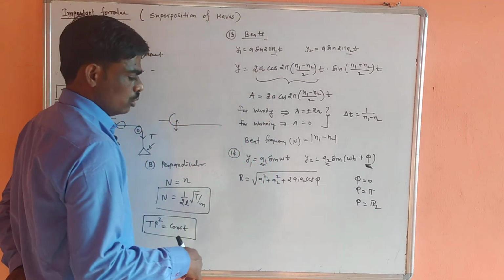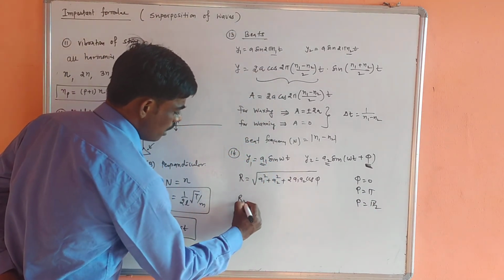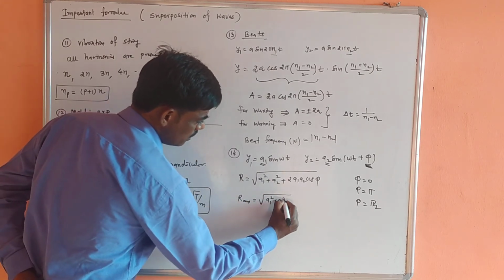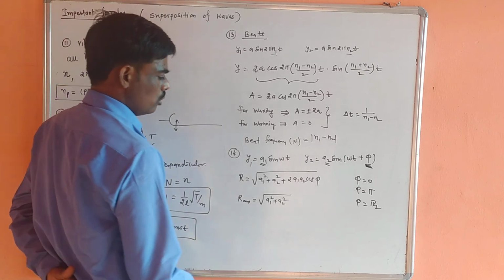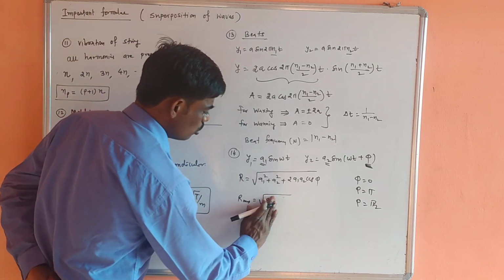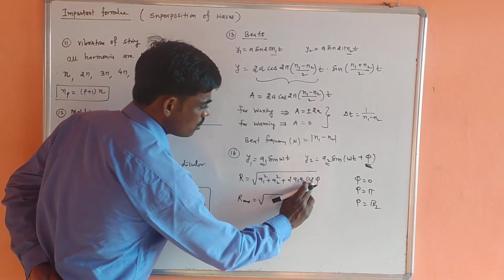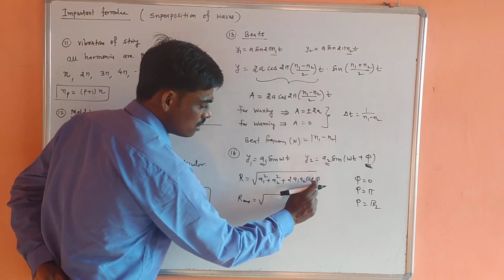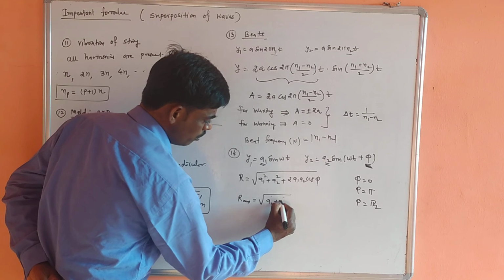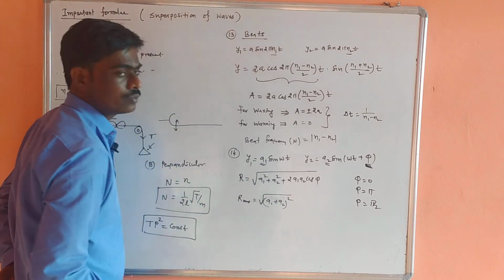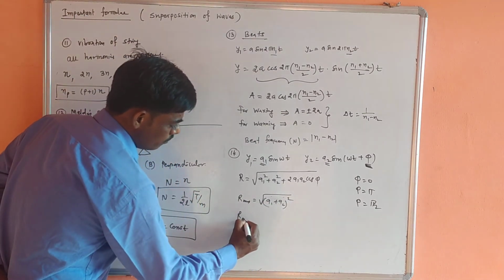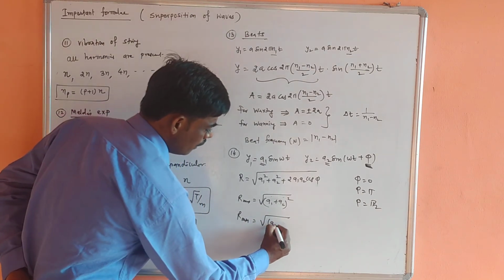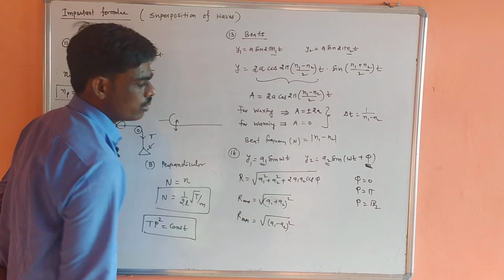We get different results. The maximum amplitude R max we get is a1 plus a2, because cos 0 becomes 1 if they are in phase, so the intensity goes as (a1 plus a2) whole square, and the minimum resultant amplitude we get is a1 minus a2 whole square.